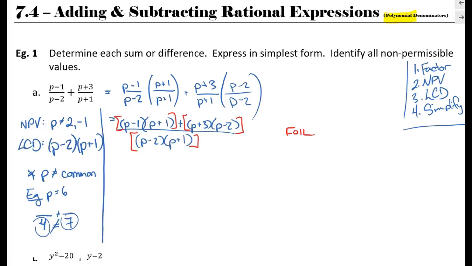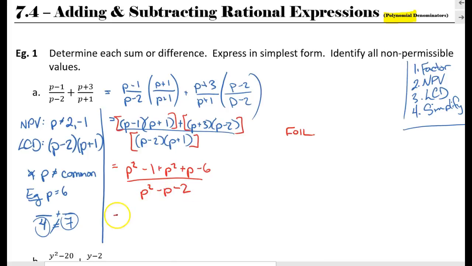We're going to distribute within there, which means that I end up with p squared minus 1 plus p squared plus p minus 6, all over p squared minus p minus 2, which can even be simplified from there.